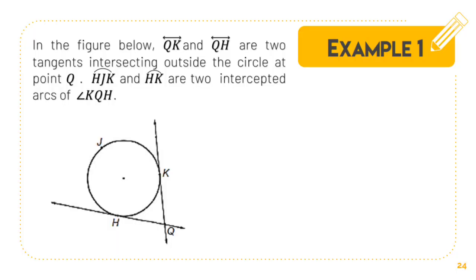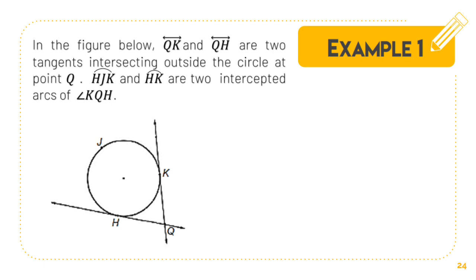Taking this example, we have a figure below wherein line QK and line QH are two tangents intersecting outside the circle at point Q. Arc HJK and arc HK are two intercepted arcs of angle KQH.